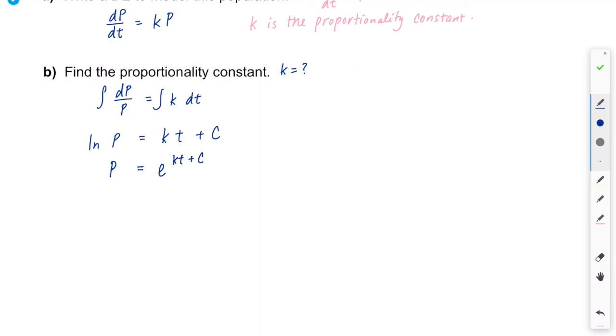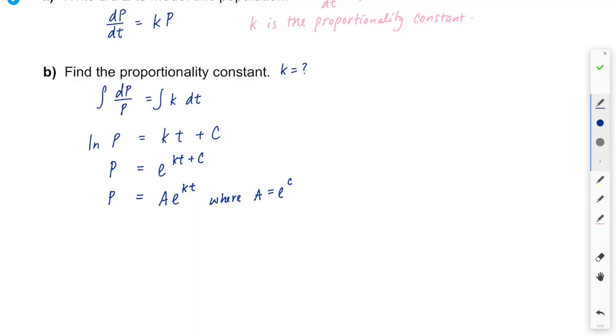Well, both c and e are constants, they're numbers. So a simpler way to write out this solution is A times e to the power of kt, where we let A equal e to the power of c. Okay, it looks a lot friendlier, and this is a more common way to write this out.